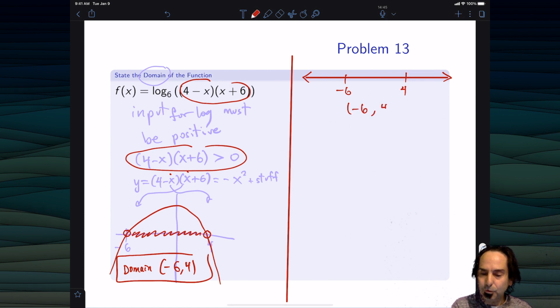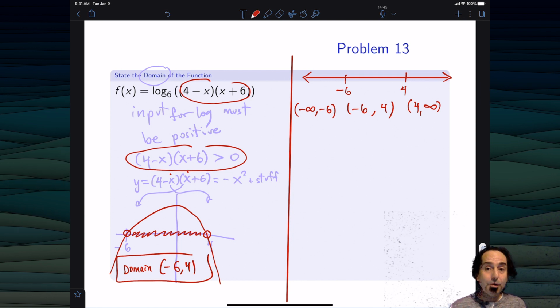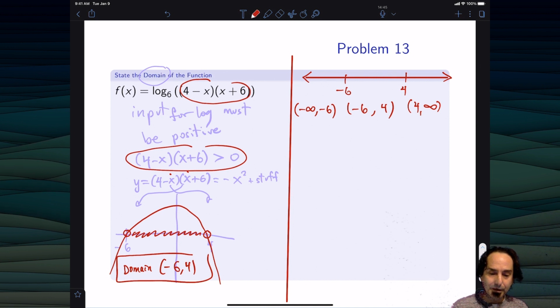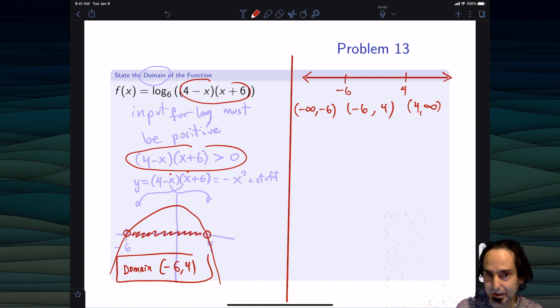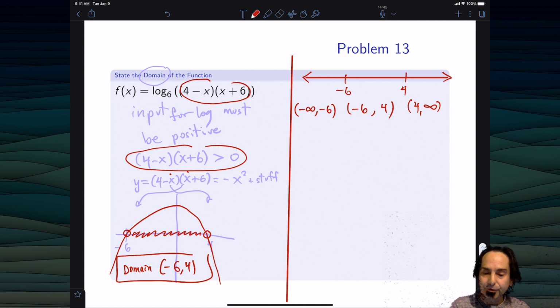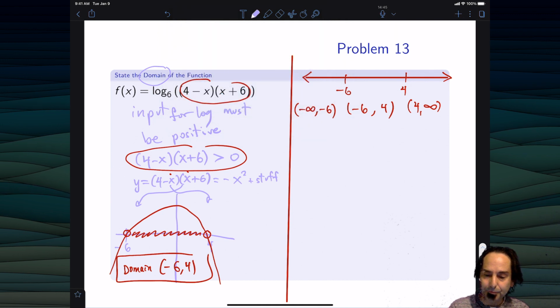There's negative 6 to 4, that's in between, but there's also beyond 4, 4 to infinity, and negative infinity to negative 6. And in each of these intervals, the function is either always positive or always negative. You can see that by the continuity of this parabola, that it never jumps around. If it's positive, it's not going to become negative until it passes through 0, but we know exactly where that happens. So we can test each of these intervals with a test number.